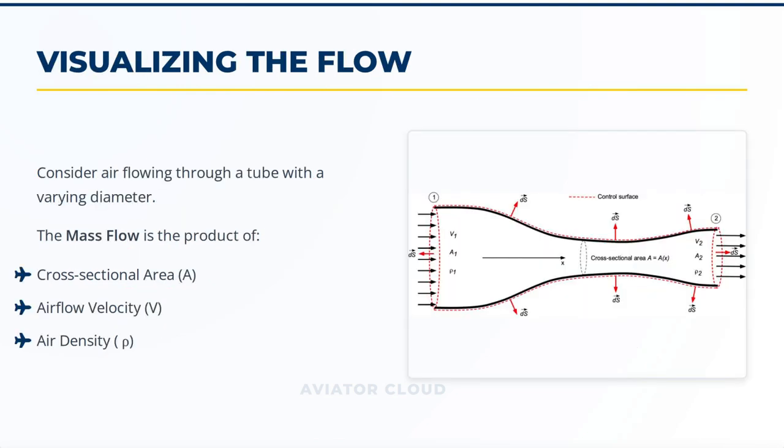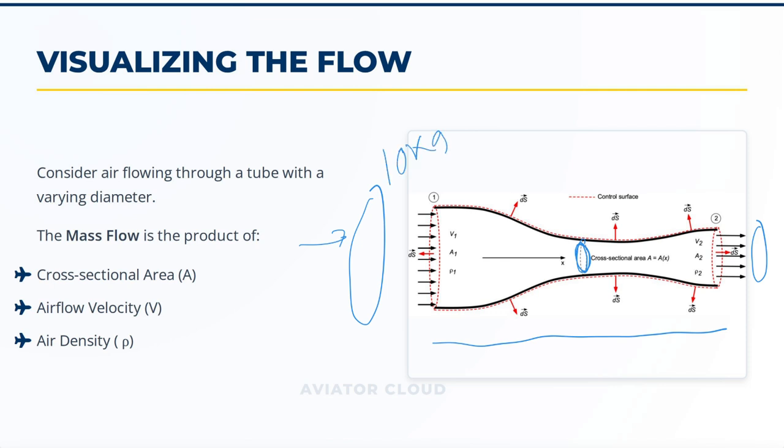Now here you see we have a tube with varying diameter. That means the diameter at the entrance is more and the diameter at the output is less. Even the cross-sectional area in between is lesser. So what happens to the mass flow, 10 kg as I told you?